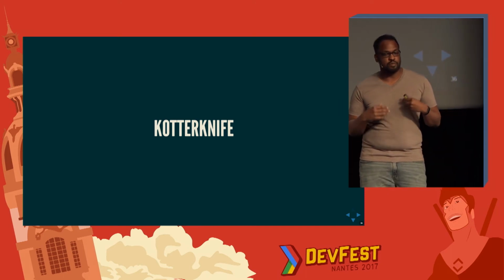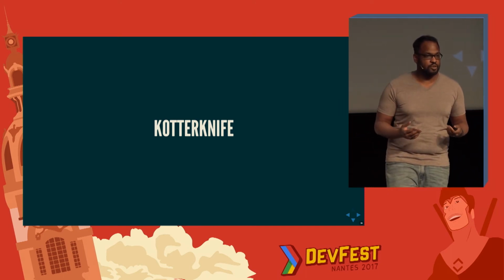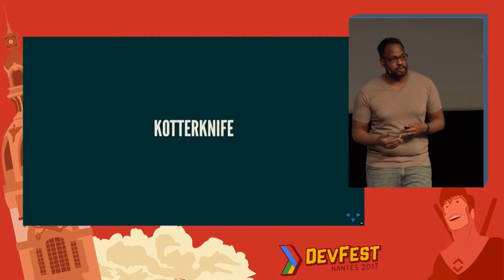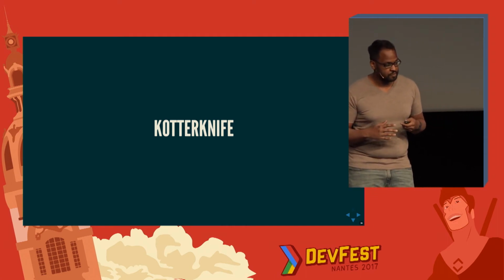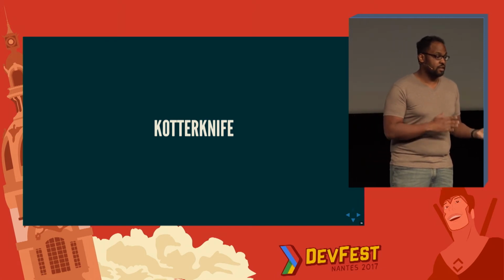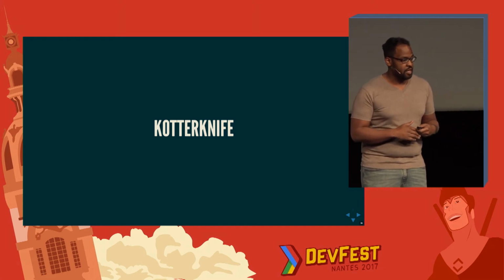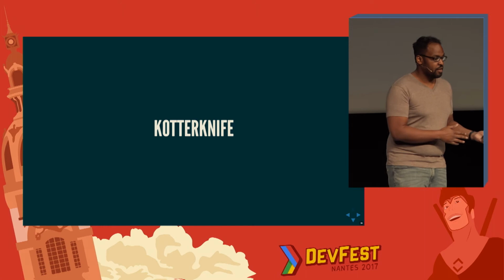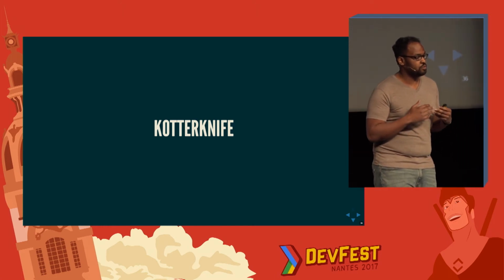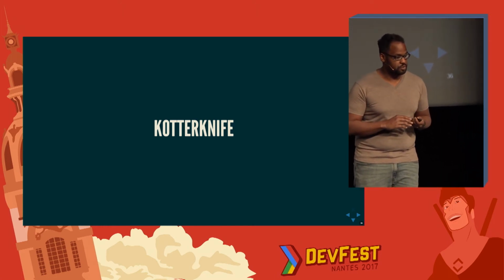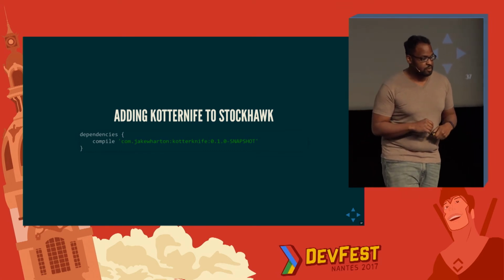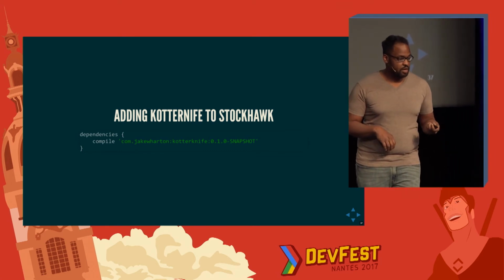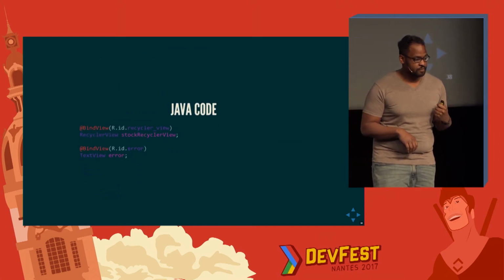So if you've developed Android a while, you've probably heard of or used Butterknife from Jake Wharton. He wrote a Kotlin version called Kotterknife that, like most of the other things I've shown, lets you write very concise code. So to add it to your project, you just pop in that code.